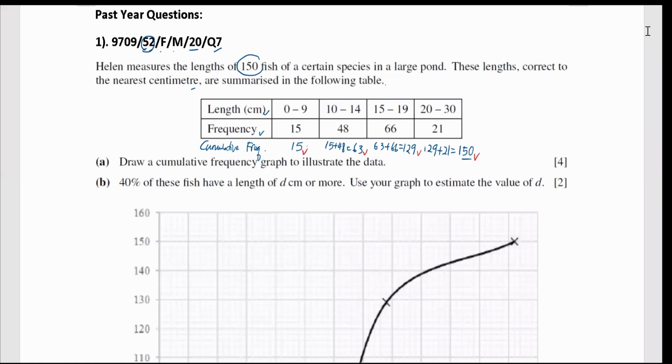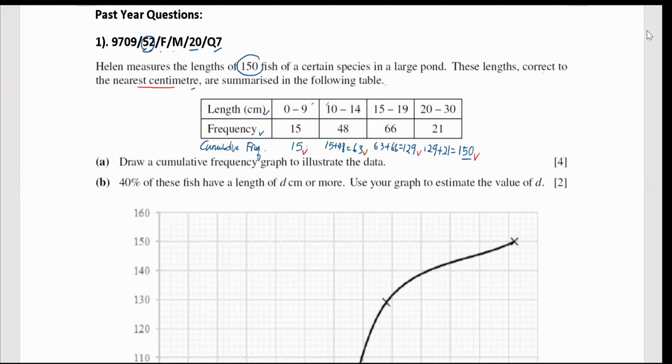Now we have to look at the interval given. As you can see, the first interval is from 0 to 9 cm, and the second interval is from 10 to 14. So between 9 and 10 there is a gap, and the length is correct to the nearest centimeter, which means we are going to find the boundaries on our own. How do we find the boundary?